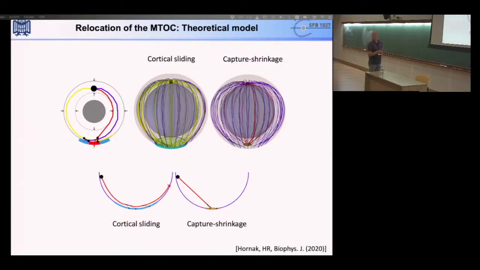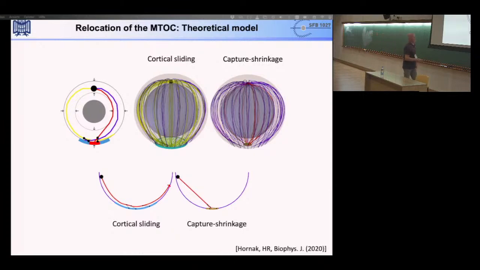You see the nucleus is pretty large, so there is not much space for the microtubules, and that forces this kind of morphology. And then the two different mechanisms are indicated here.